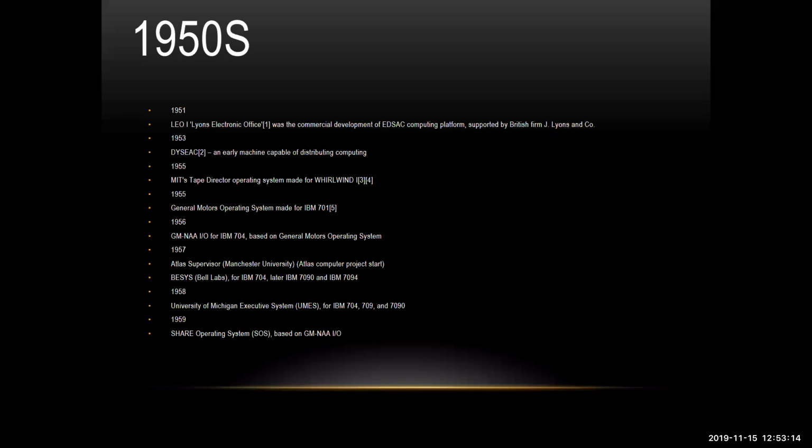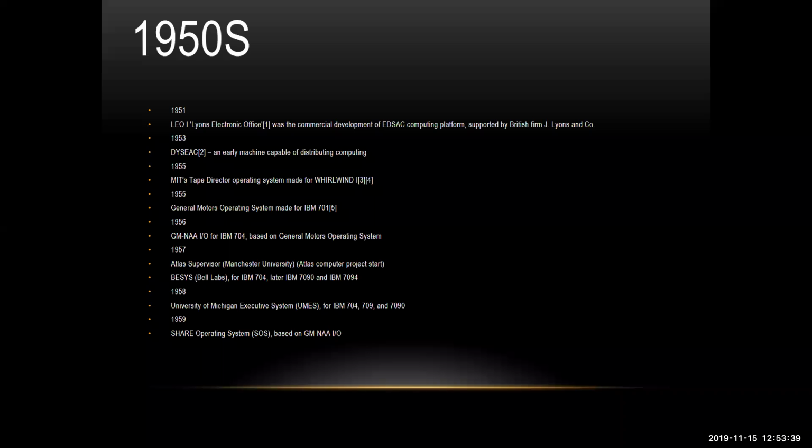So for 1955, we have the General Motors operating system made for the IBM 701. It is an electronic data processing machine known as the Defense Calculator while in development. It's IBM's first commercial scientific computer.